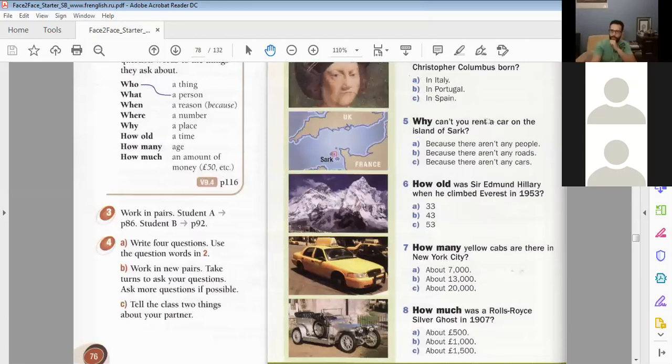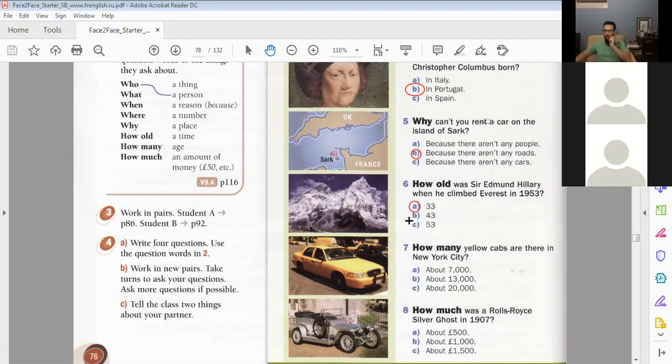How old was Edmund Hillary when he climbed Everest in 1953? What do you think? Maybe 33. I don't know. Okay, just guess. A. Okay.